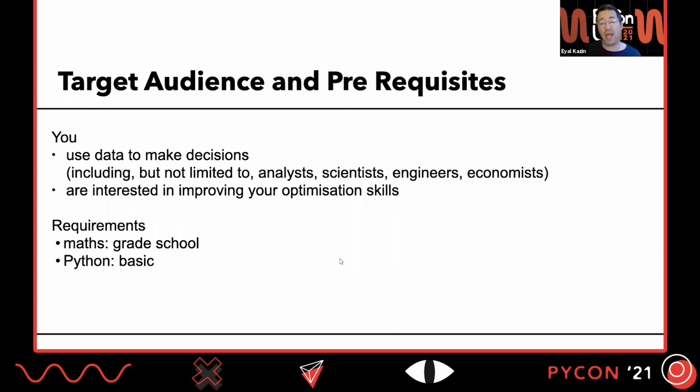And so this could be anybody from an analyst to an economist. It could be if you're a line manager or for your line manager who's interested in having better conversations with analysts to understand the data that's being provided. And you're also interested in improving your optimization skills. There's not much of a requirement, basic understanding of Python, and I don't go into maths at all, so you don't have to worry about that.